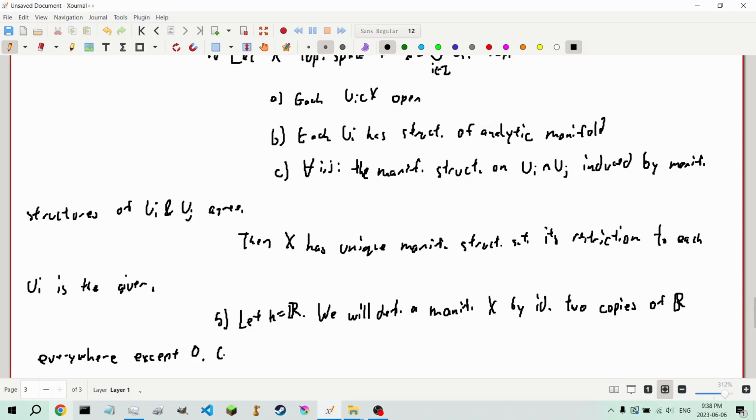And we're interpreting this as a quotient space. I'll explain how to do that in a second here.